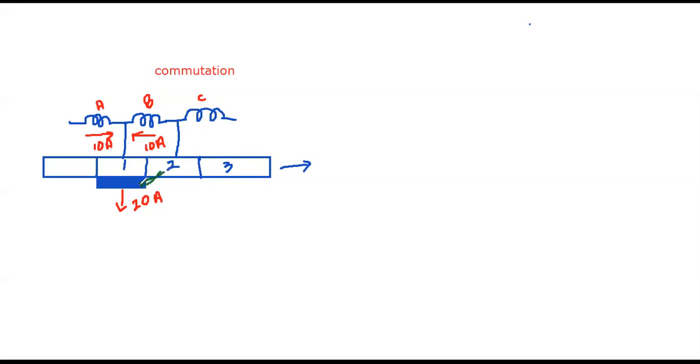This line indicates the sparking effect for the 2 amperes. Now we are going to see the characteristics of the commutation. From the characteristics, we are going to define what is ideal, what is over, and what is under commutation.